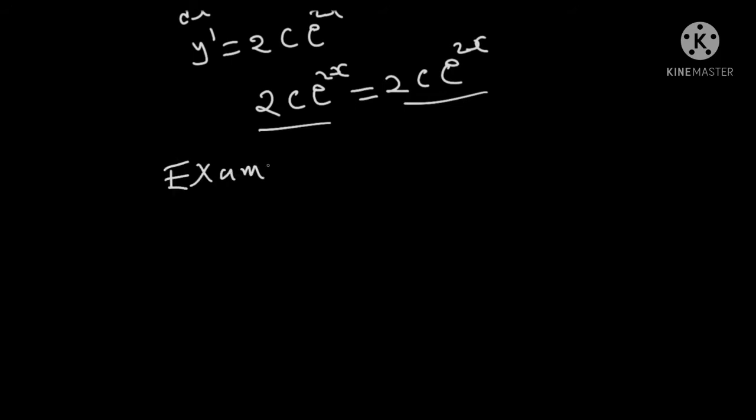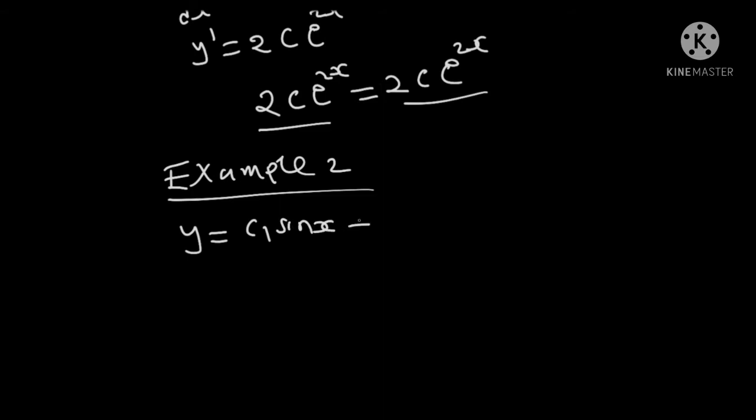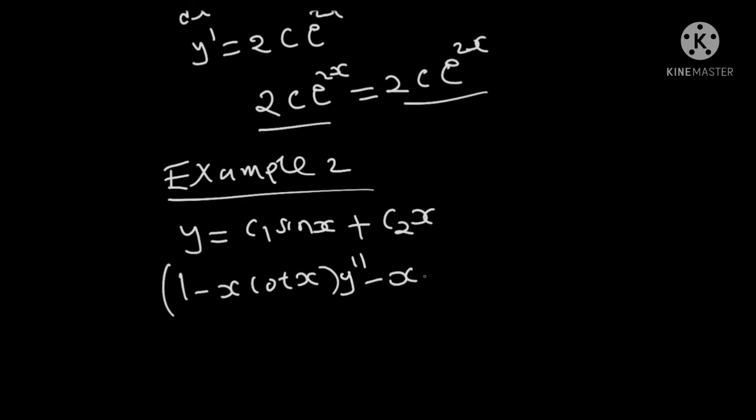Example 2. Show that y equals c1 sine x plus c2 x is a solution to the differential equation given by (1 minus x cot x) y double prime minus x y prime plus y equals 0.